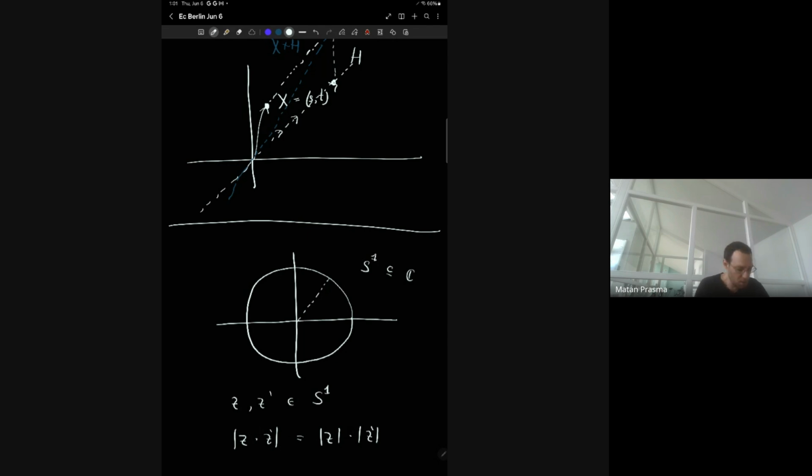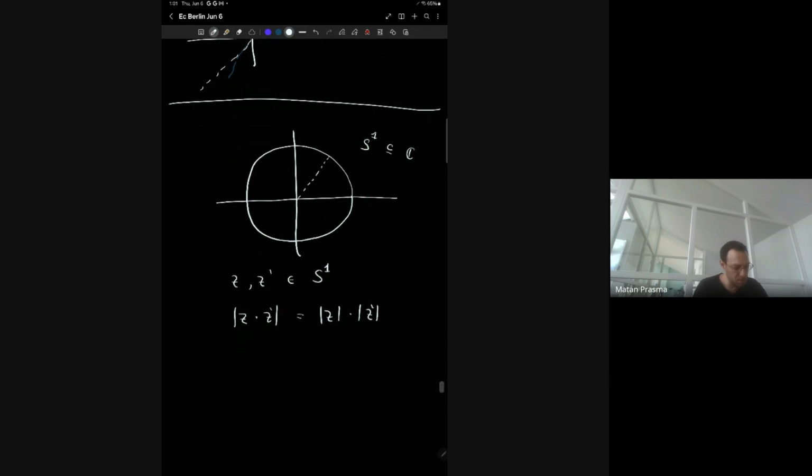If they are on S1, the unit circle, the distance of every point in the unit circle from the origin is 1. So this is going to be 1 times 1, which is 1. So you see that z times z prime is also of distance 1 from the origin, and hence it's again an element in the circle.